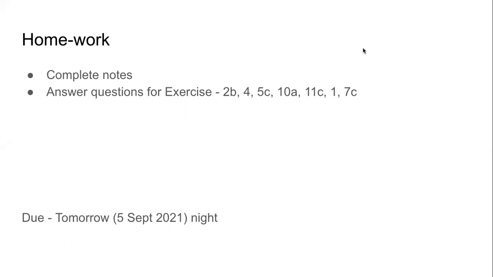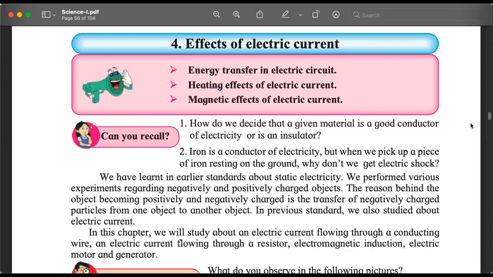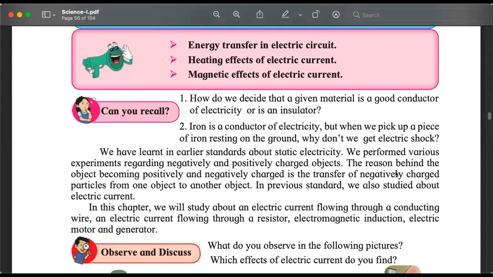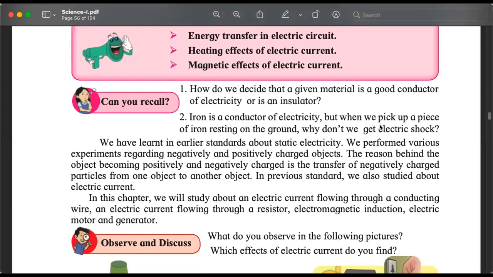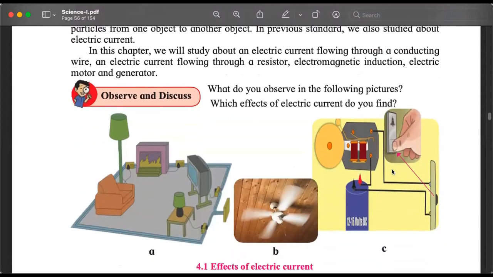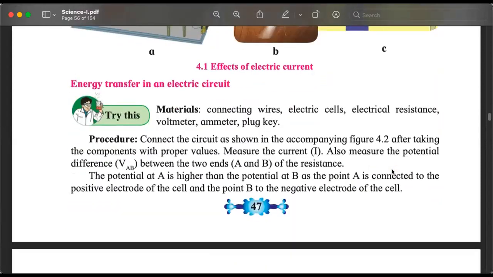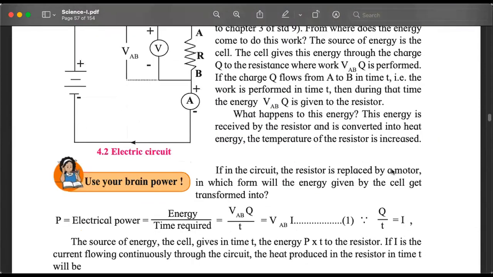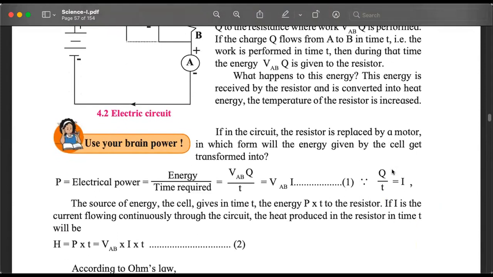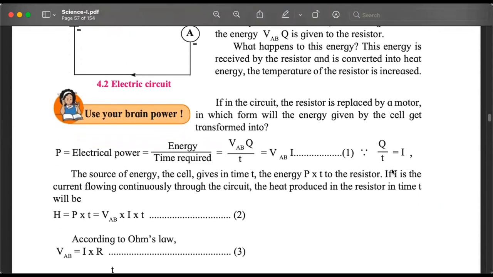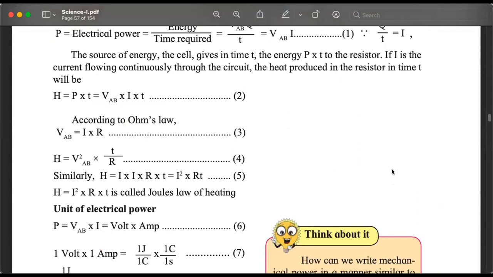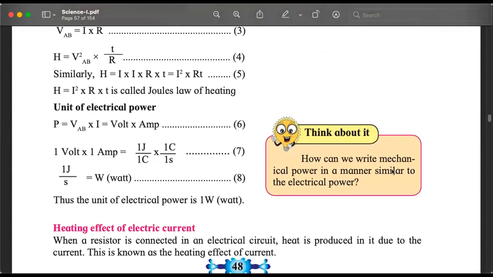Before we finish, let us look at the entire chapter once again and then close the class. I will share the textbook with you on the screen. We started by revising what electric current is. We revised how we use electric current in day-to-day life. We then looked at the maths of electric power and electrical energy, the different formulae, units of measurement.